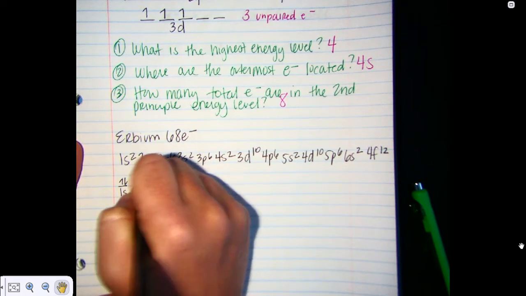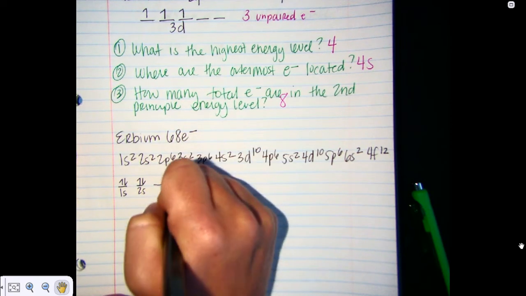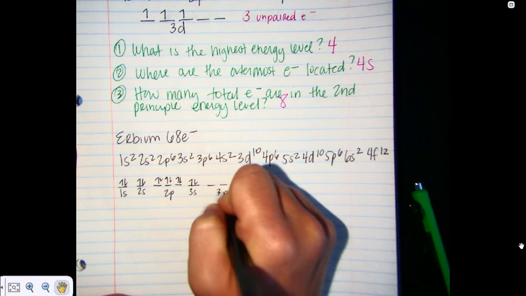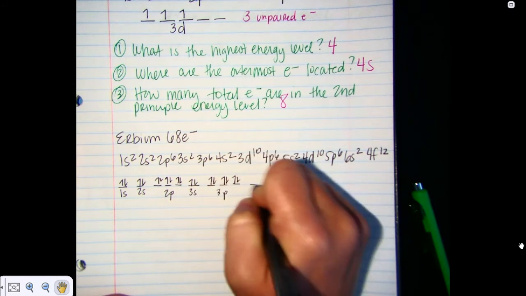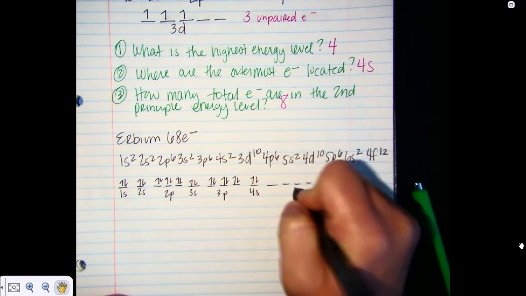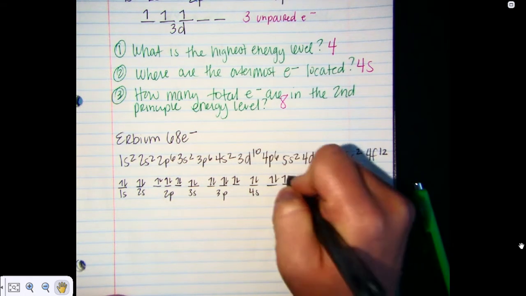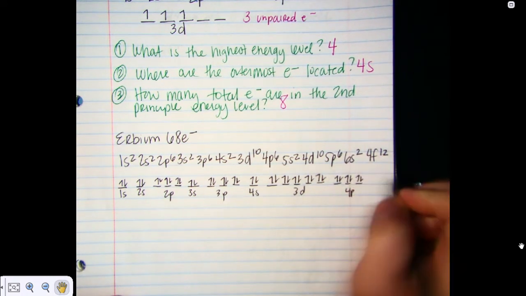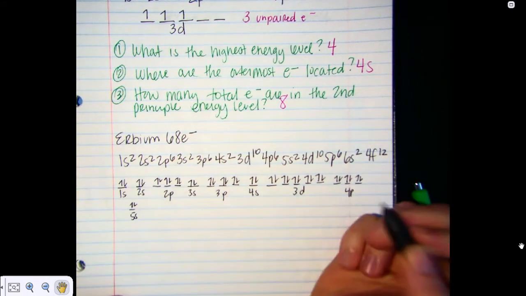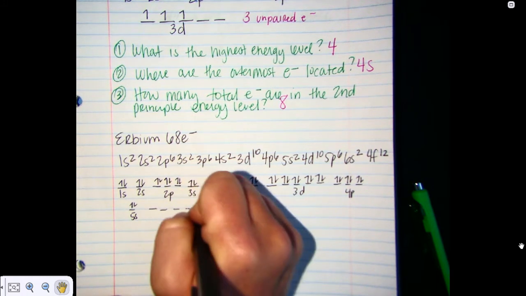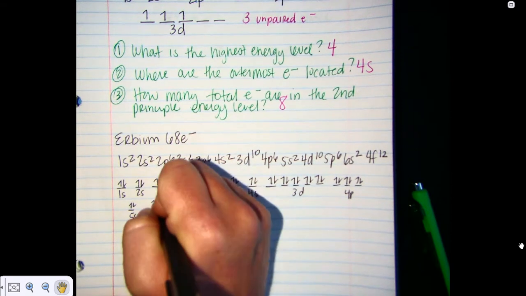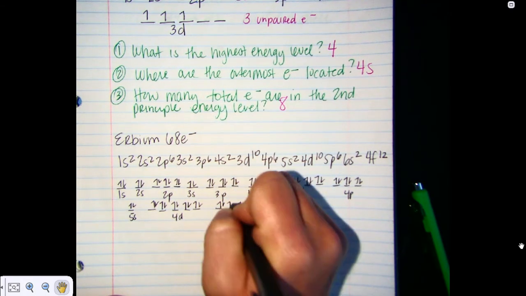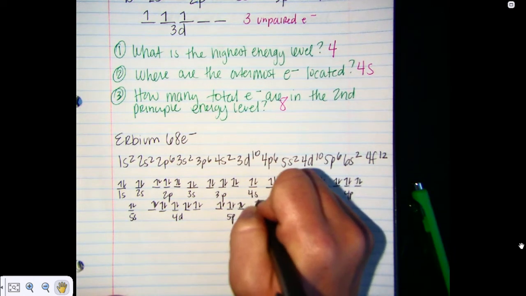1s, 2s, 2p, 3s, 3p, 4s, 3d, 4p, 5s, 4d, 5p, 6s, and then 4f.